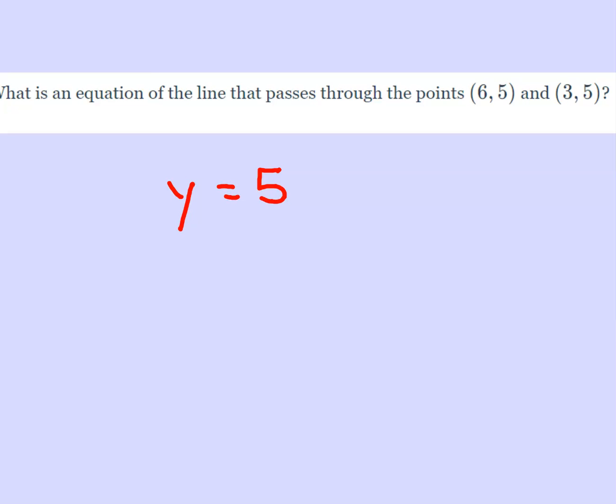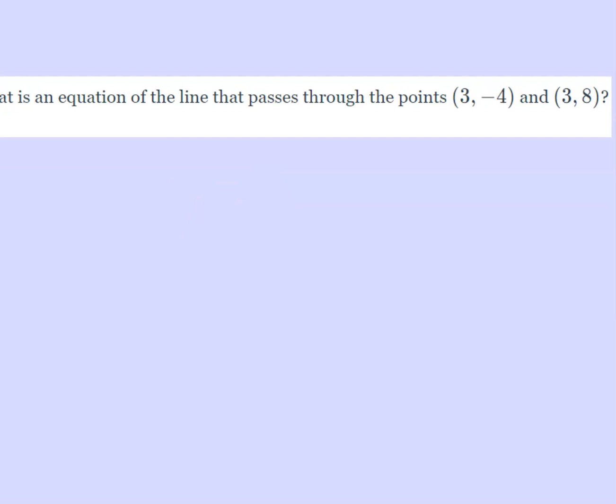Okay, so we're looking at this and saying, look, the y coordinate's always 5 because it's horizontal, and so we'll just say y equals 5. Well, that helps us answer questions like this. On this one, if I try to go through the whole slope thing, if I say the rise is -4 minus 8, and the run is 3 minus 3, you end up with -12 over 0, and your brain should go, oh, wait, red flag, you can't divide by 0.